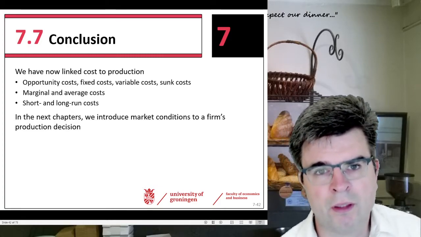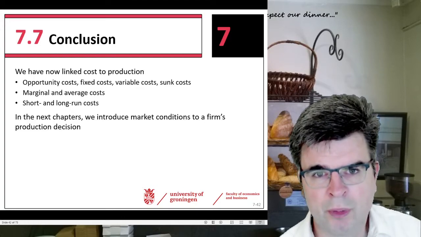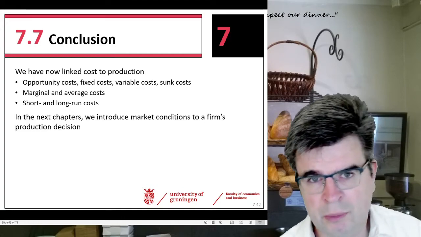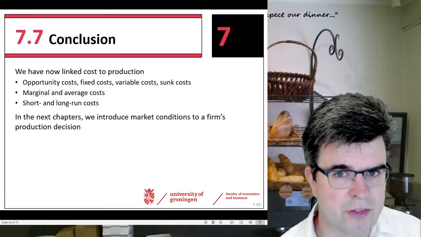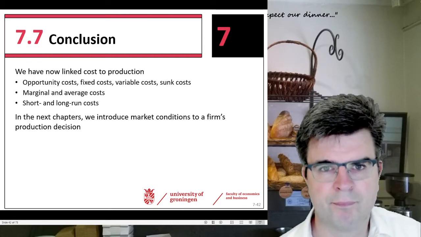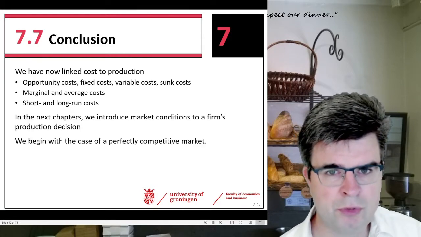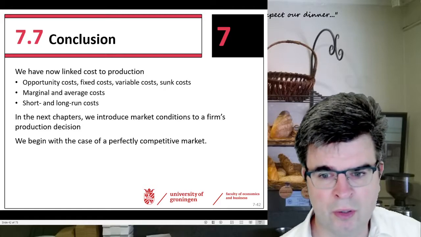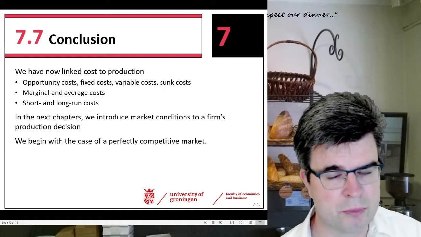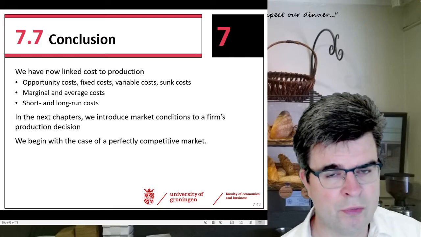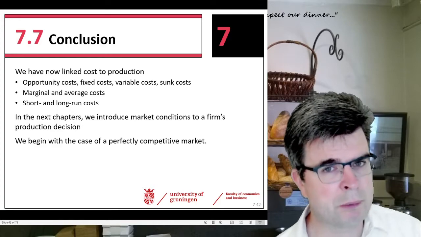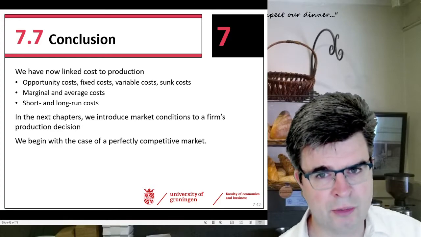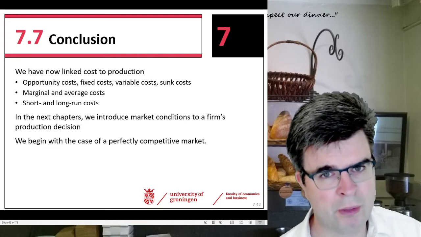In chapter 8, we're going to consider what happens if the firm enters the market and is also confronted with the price that it can get for its output Q. We start with the perfectly competitive market, because that is an extreme situation, but also a very easy situation to analyze because we abstract from any strategic interaction between firms. So that will be coming up next.